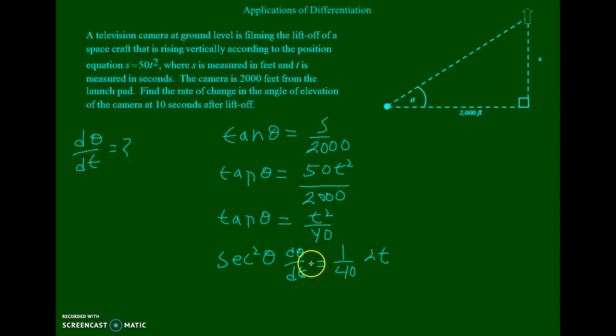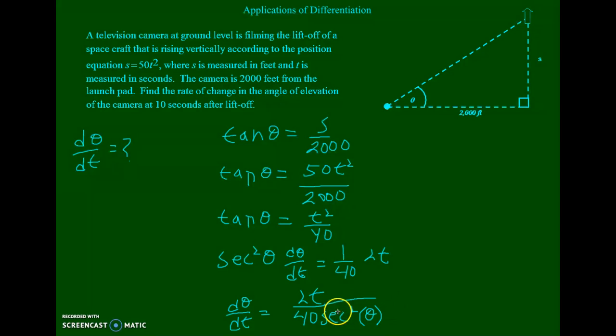So now we're going to solve for d theta dt. So we have d theta dt equals two t over 40 secant squared theta.